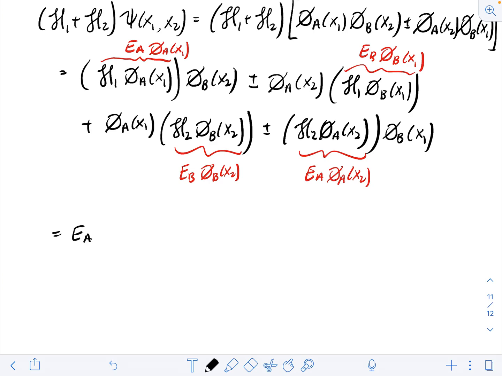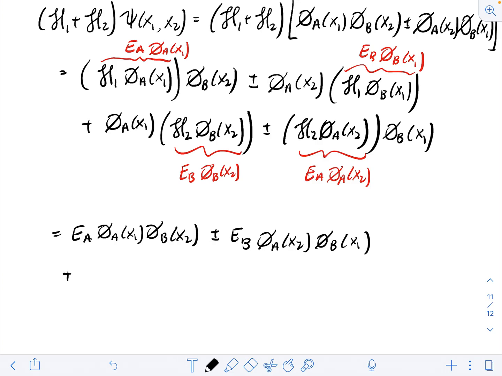Okay, so let's write things out and see what we have here. So the first term is EA, and then we have phi a x1 phi b x2. Then we have plus or minus EB phi a x2 phi b x1.